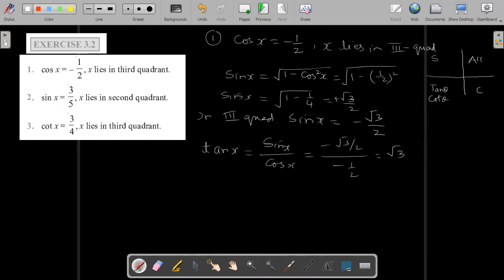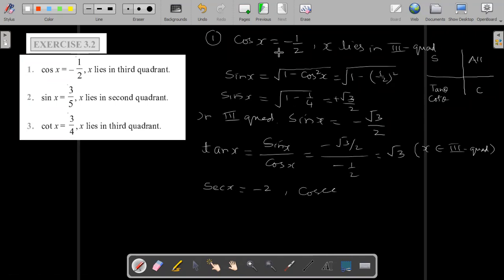That means x belongs to third quadrant. Now the opposite of cos is sec x. Sec x will be minus 2 by 1, and sec is also negative. When cos is negative, sec will also be negative. Similarly, the opposite of sin x is cosec x.